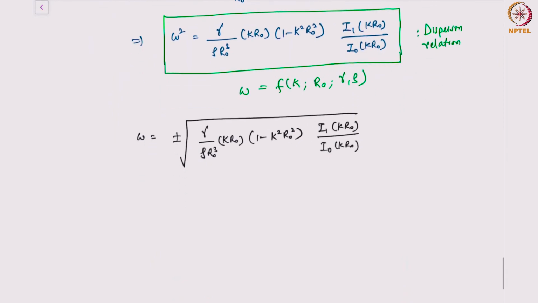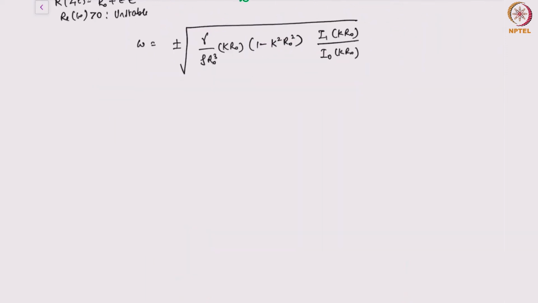I have two solutions here, plus or minus of this. It's useful to remember what we were trying to solve. We said r of z comma t is r naught plus epsilon e power omega t plus ikz. So if omega is real and positive, we have an instability, right? The real part of omega greater than 0 means the flow is unstable. Let's see how this flow actually looks. Let's make some sketches of this dispersion relation.